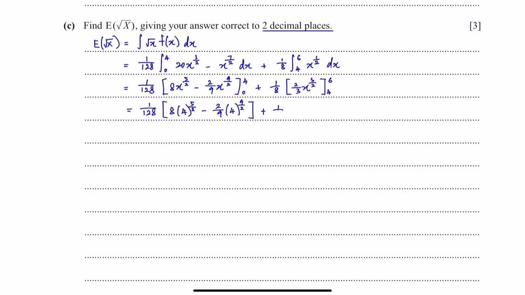So plus 1 over 8 times 2 over 3 times 6 to the 3 over 2 minus 2 over 3 times 4 to the 3 over 2, right? So we type it into the calculator since they want it in two decimal places. We don't need to find the exact value, so we can type it into the calculator and we would get 1.67.